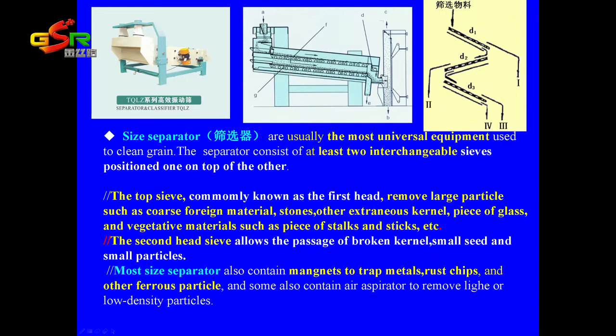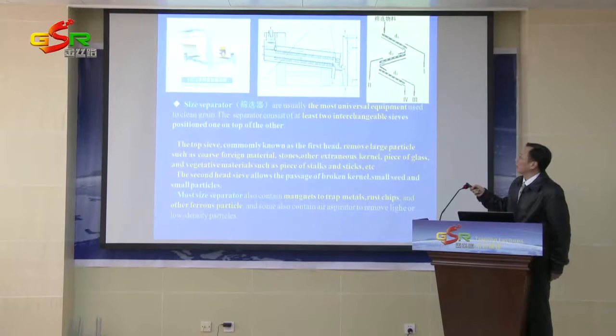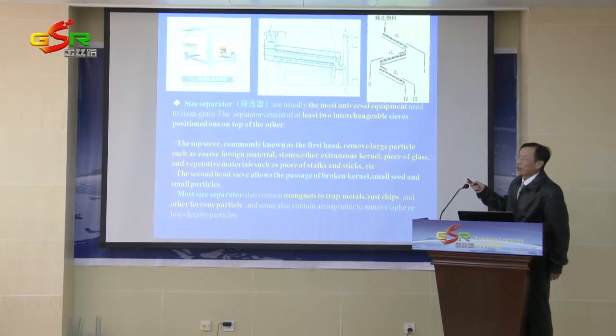The top layer can be used to remove the larger foreign material, and the second sieve can be used to remove the small sieve foreign material and retain the cereal in the middle of the channel.